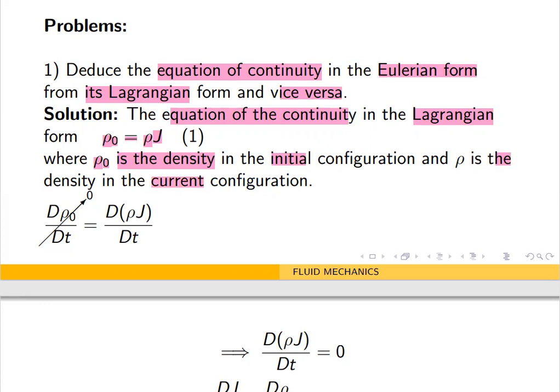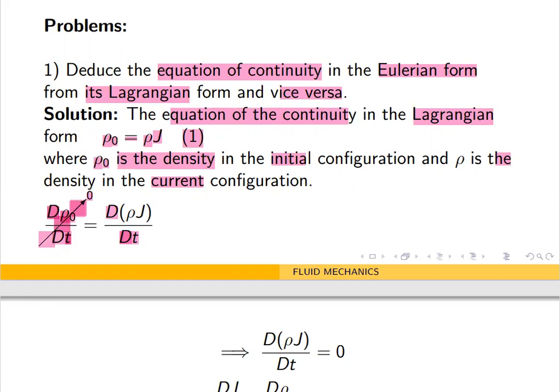Now let us take the material time rate of change on both sides of equation 1. So d by dt of rho naught equal to d by dt of rho J. Since rho naught is constant, d rho naught by dt becomes 0.